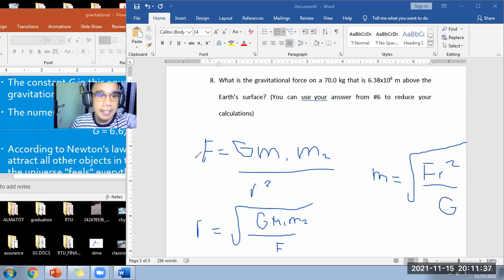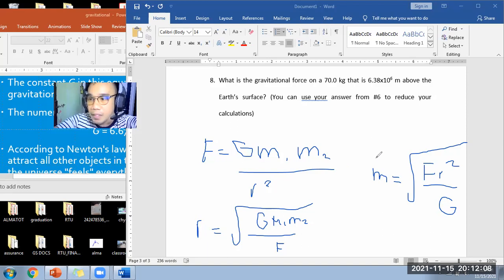So our original formula is F equals G mass 1 mass 2 over R squared. When we look for the distance, the distance is equivalent to the square root of G M1 M2 over F. Then for the mass, we have the square root of F R squared over G. G is a constant, which is 6.67 times 10 raised to negative 11.